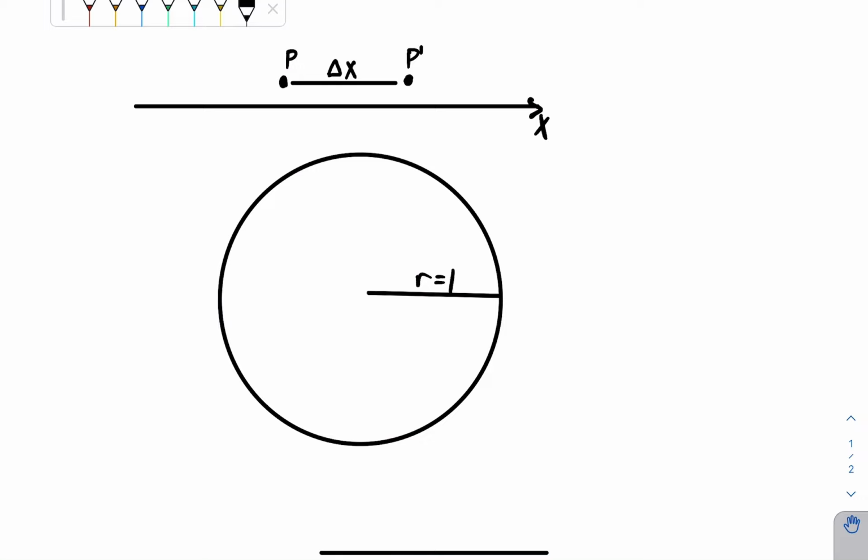That means that the only thing differentiating this point here from this point here is its angular distance that we call theta. Theta is the rotational equivalent of position because our distance along this line is defined as being a different angle away from the origin, which is this point here where we started.